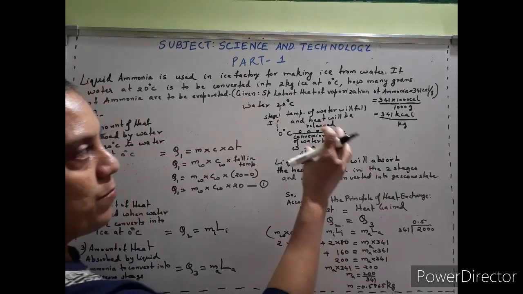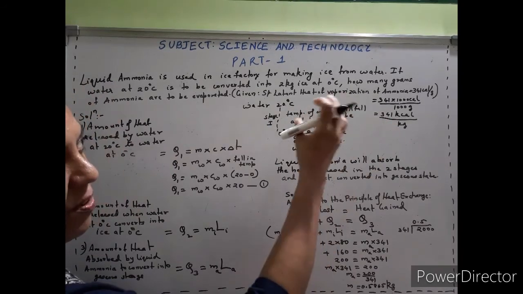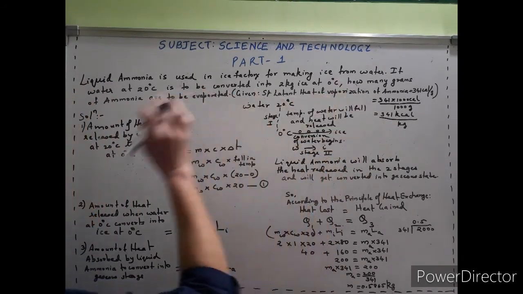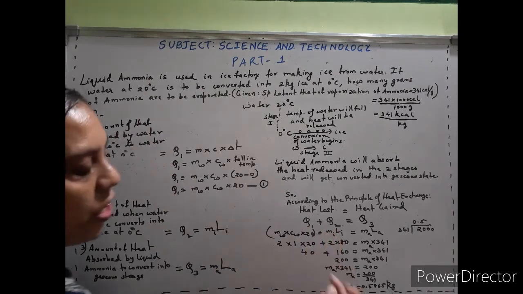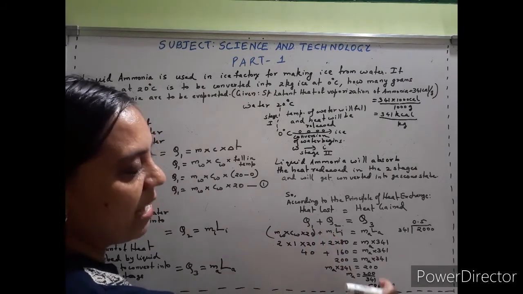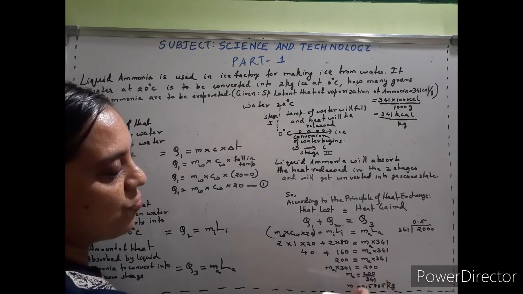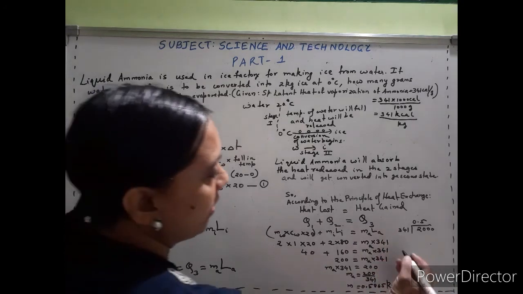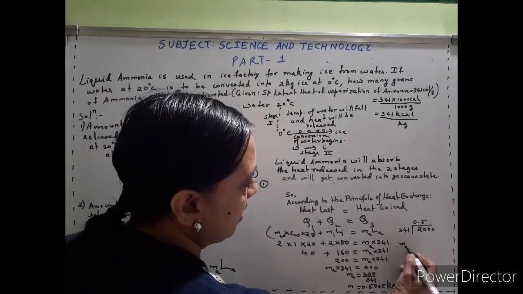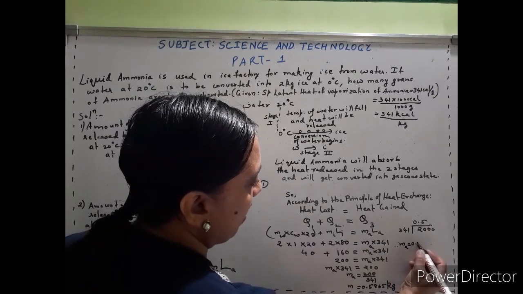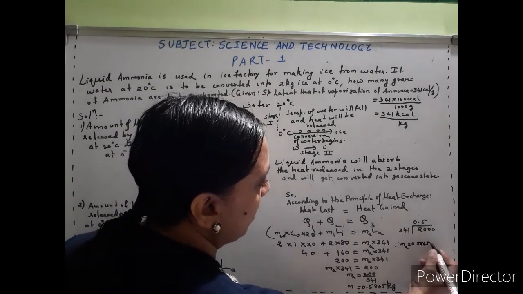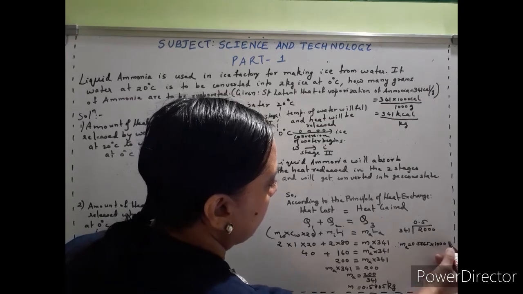But we have been asked in grams, we have been asked how many grams of ammonia are to be evaporated. So this kg, kilogram, has to be converted into grams. To convert kilogram into grams, we will have to multiply this by 1000. Therefore Ma is equal to 0.5865 into 1000 grams.